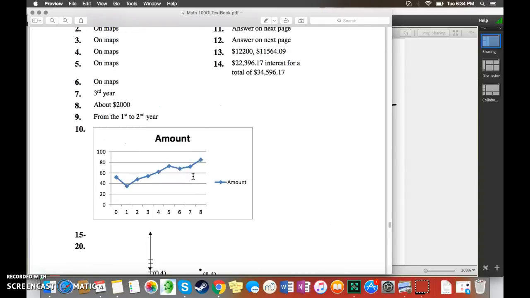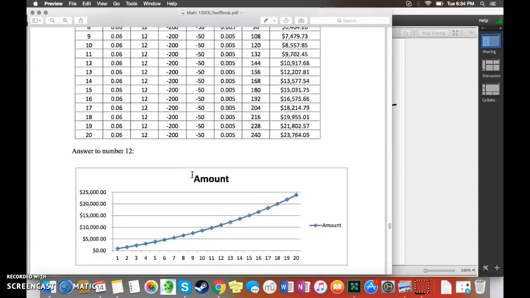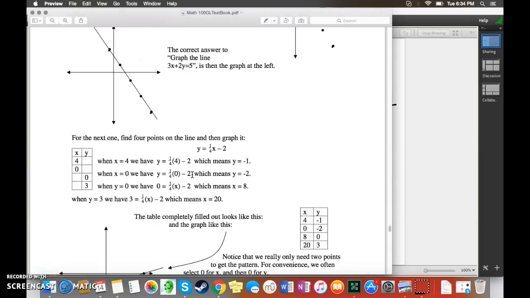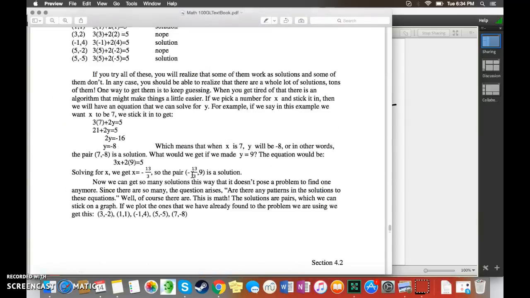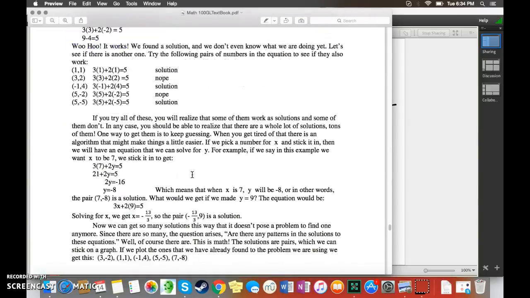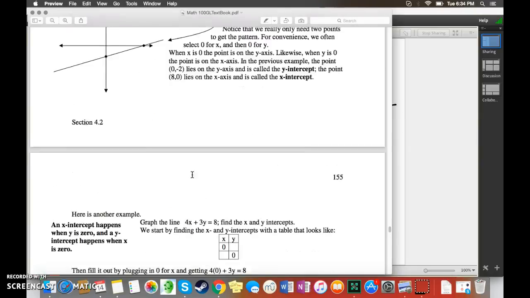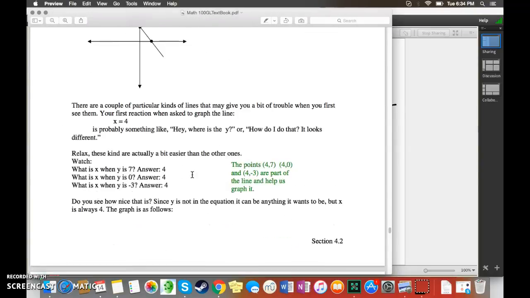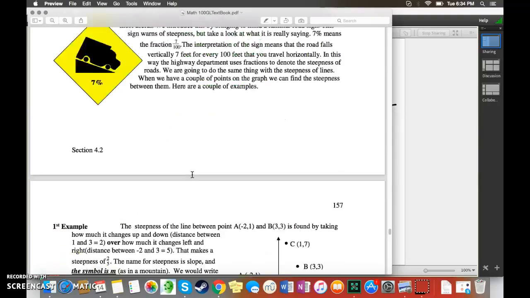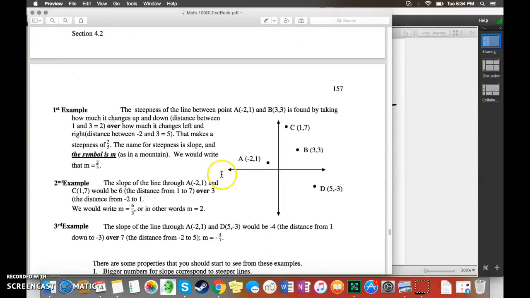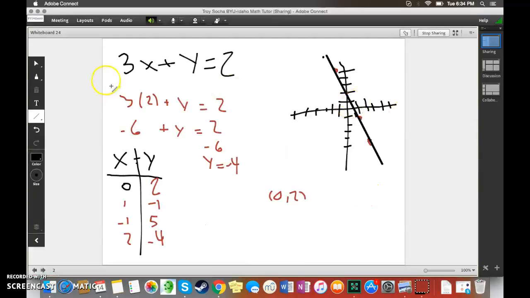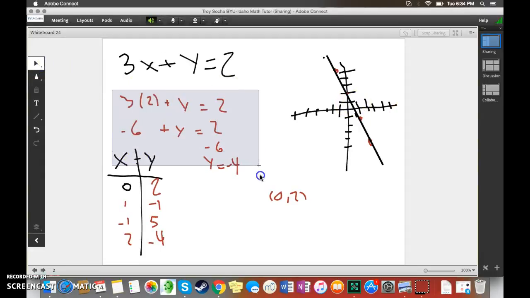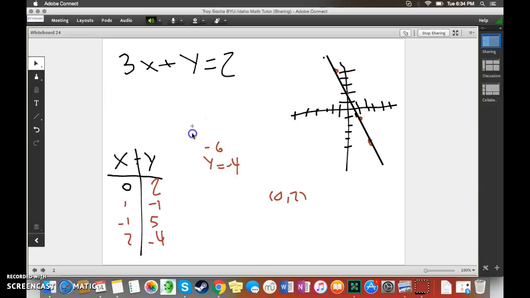So let's look at an equation about slope. We're going to look at what slope is. If you go to section 4.2, page 155, or page 157, it'll talk about slope. So when we're talking about slope, let's take this equation, which we did. Slope is our m term. We call it m, and there are different ways to describe it.